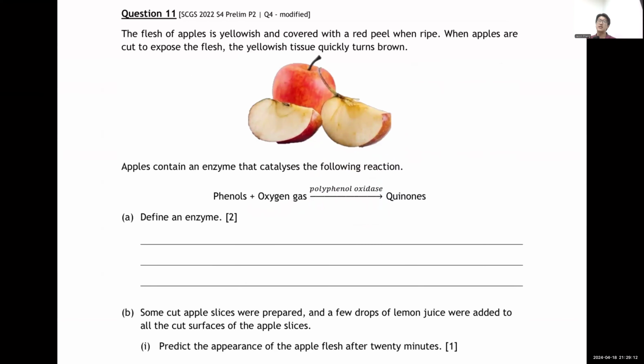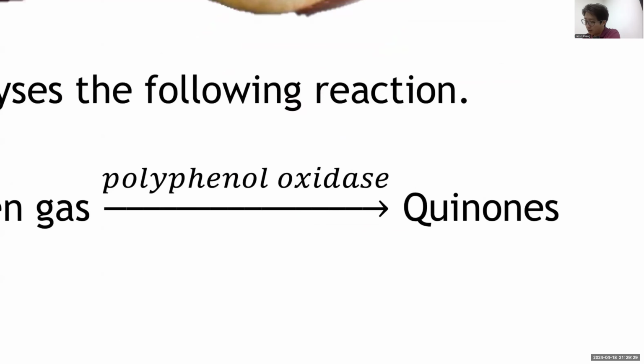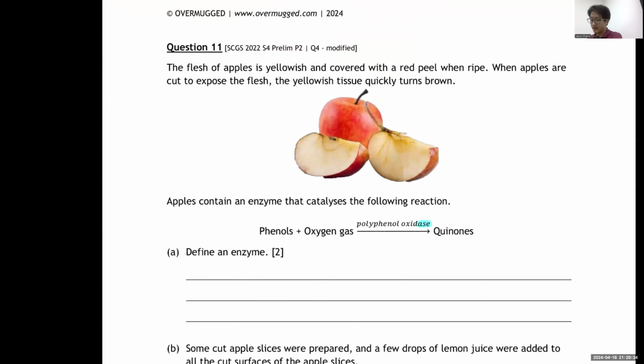This is what I will refer to as an application question, because look at the equation there. The only two words you recognize are oxygen and gas. What did I say? Enzyme, right?